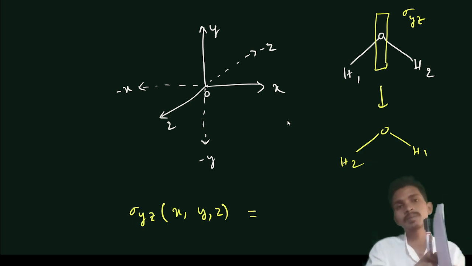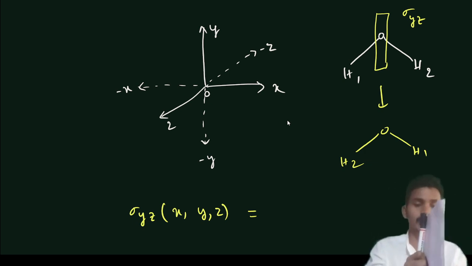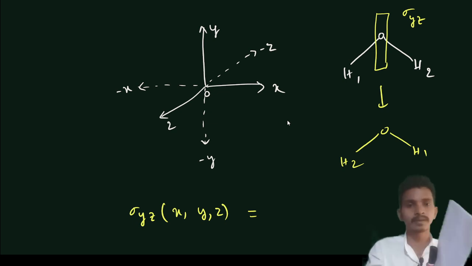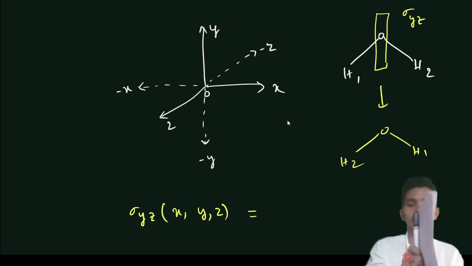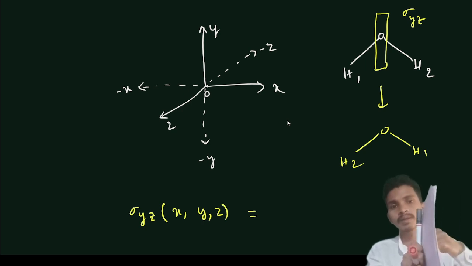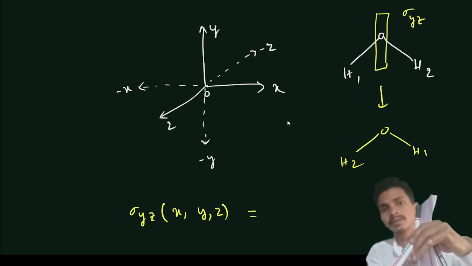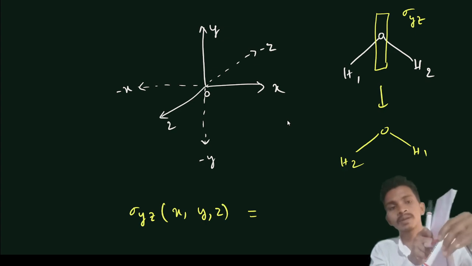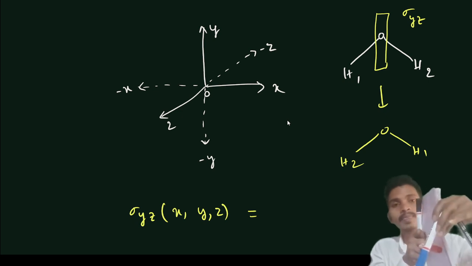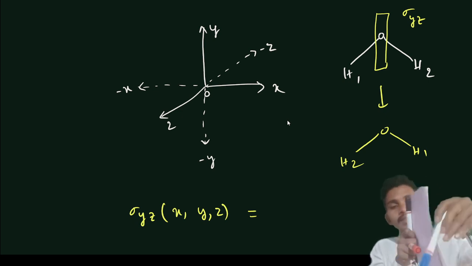So if you are applying the plane along this yz direction, that is the same as this. We are applying this one, and the water molecule is in this direction. So if I apply the yz plane, then this and this get reflected.